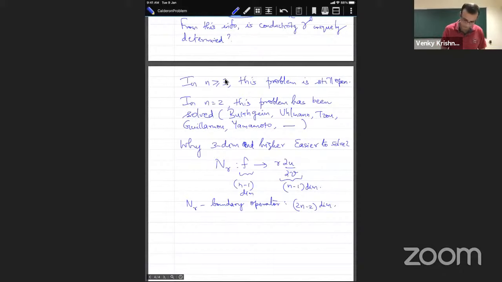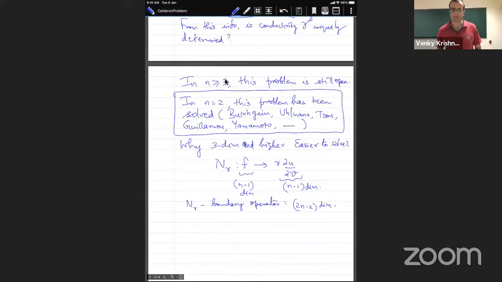And one would actually like to solve this for arbitrary small subsets in which both Dirichlet and Neumann data are measured on the same open subset. That is what one would like to solve in 3 dimensions and higher, but nobody knows how to do it. But for n equal to 2, it's settled, right? For n equal to 2, it is settled.